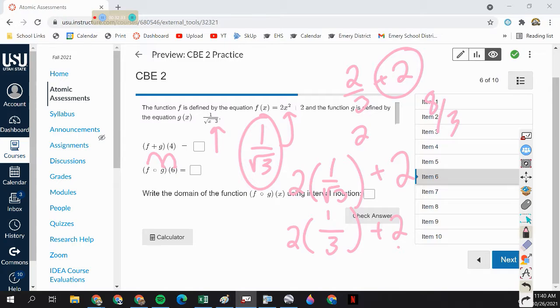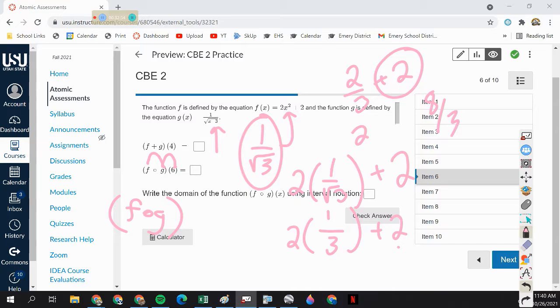Okay. Now, for composition of functions, you don't want to do it the other way. You do not want to put g into f and then plug it in, because there's a chance that you'll forget about the domain restrictions. So when I'm looking at the function f composed with g, what is its domain?